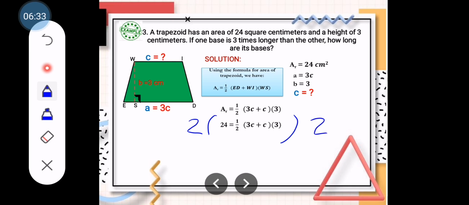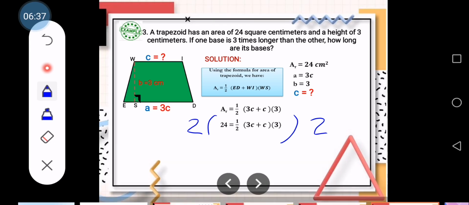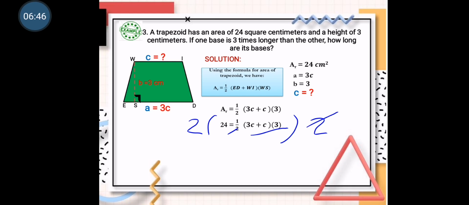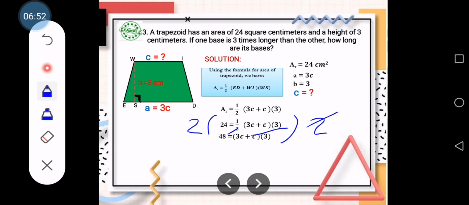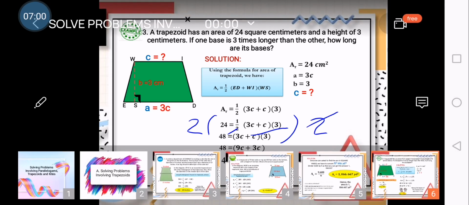So, 24 times 2 and then 2 divided by 2. So, mawawala ito. Kaya, ang matitira na lang ayan. And then, 24 times 2. So, naging 48. Now, 2 times 24 is 48.